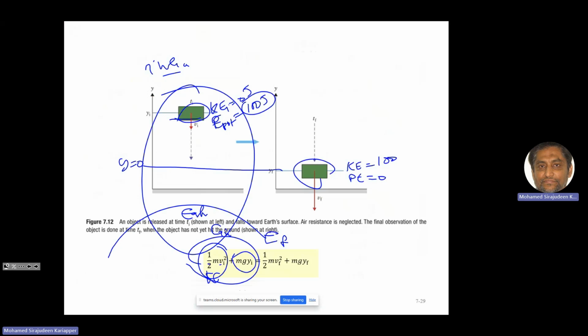Then after, at the final point, when it is just about to touch the surface of the Earth, it doesn't have to be touching. We just say it is in motion, still in motion at this instant, not touching. So we leave that out. At that instant, because the potential energy is 0, there's a reduction of 100 joule in its potential energy.